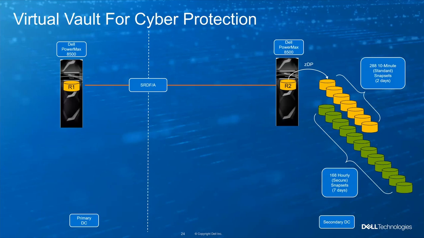So this is a typical implementation of a two-site solution that is asynchronously replicated. And in this example, we're showing the 288 10-minute snaps over 2 days. And if you did the hourly secure snaps, it's common for customers to say, I want to keep 7 days of those. Some customers might keep 14, some might keep 30. But we have these point in times that are marked secure that you can intermix with the standard snaps.